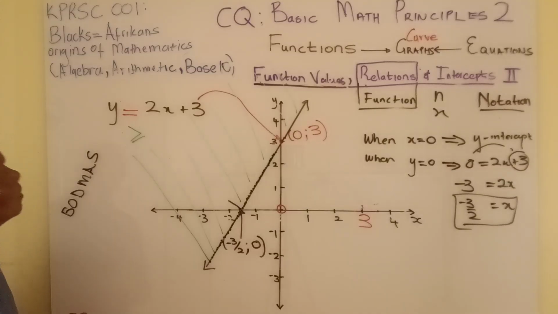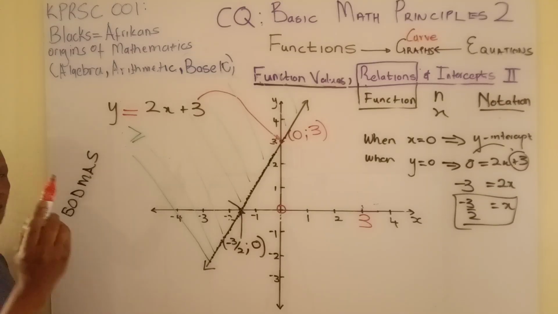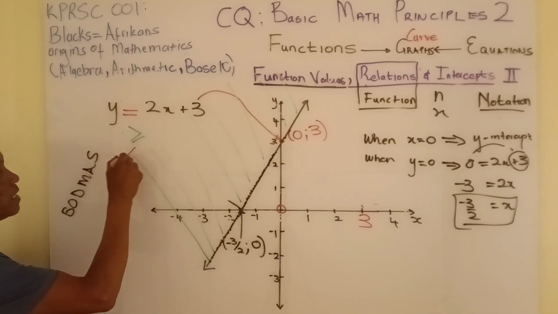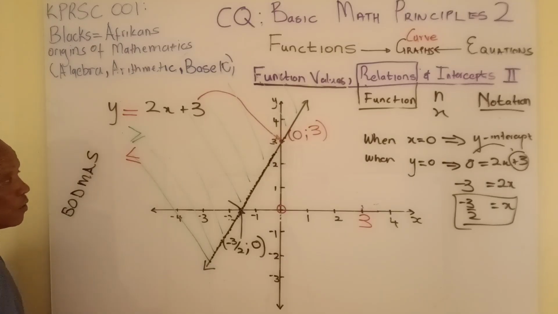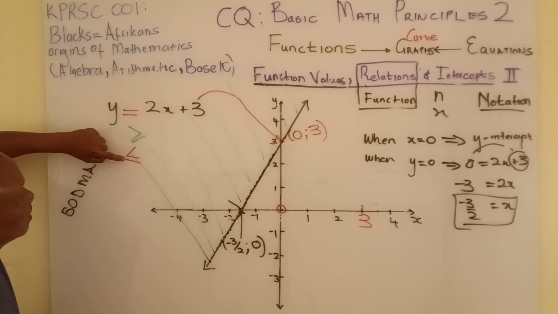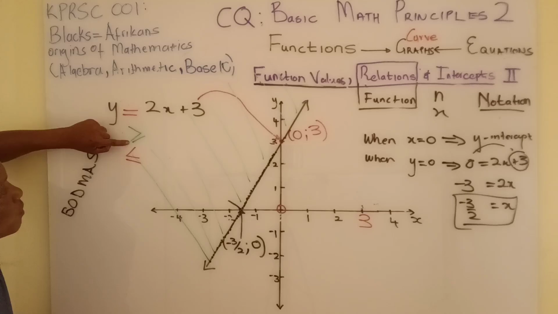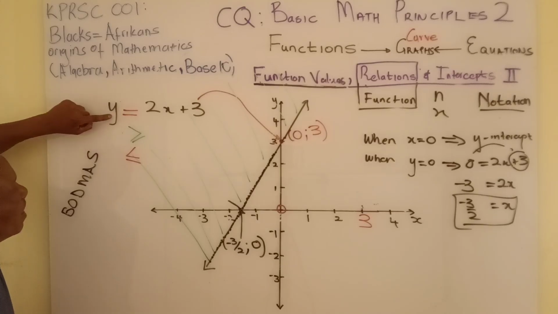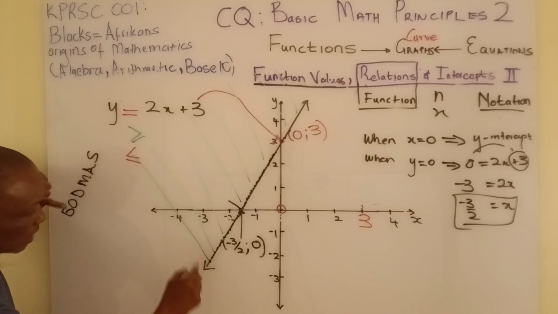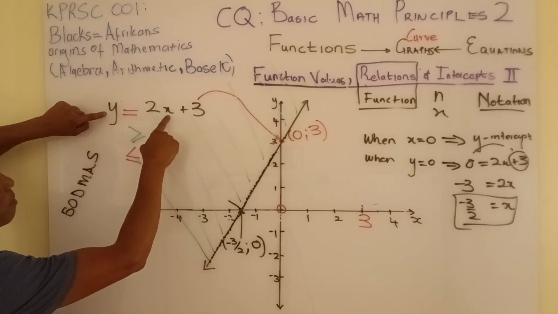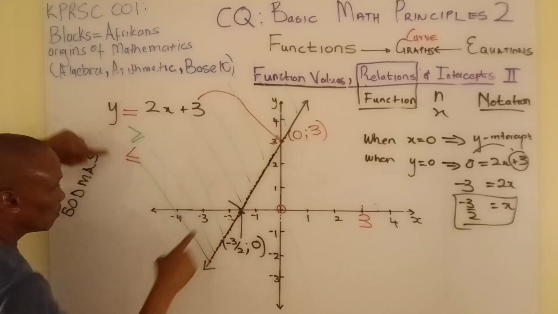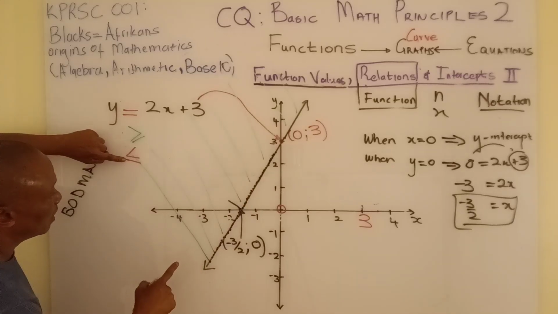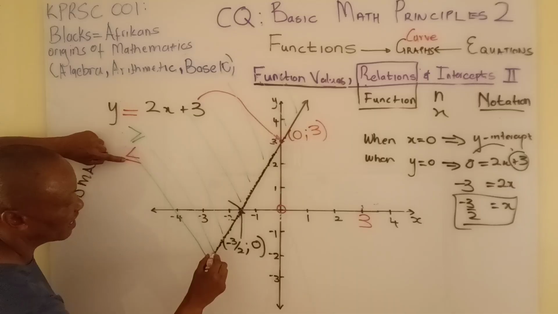Let's bring another relation, another relational symbol. Less or equals to. Well, we're interested in the points on the line because of this equality, like this one. But the y values, the other coordinates, must be the ones on the line because of the equality, and the ones less than the line.